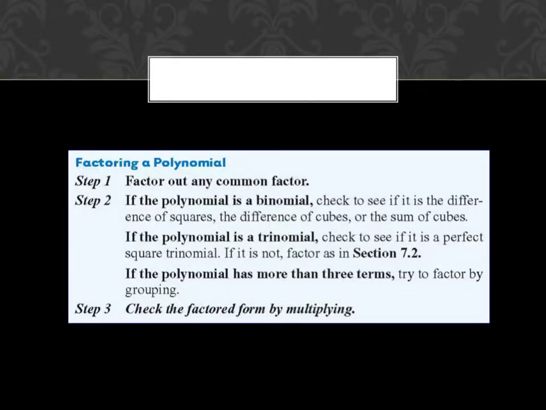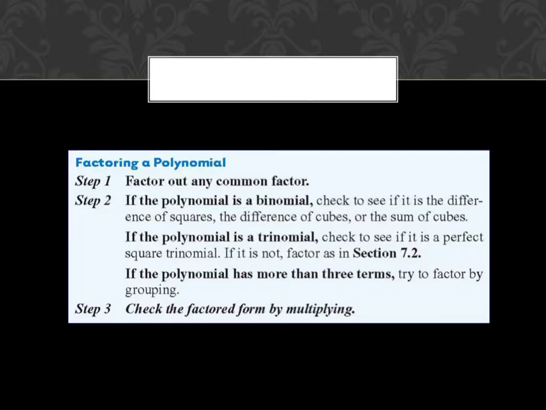General steps for factoring a polynomial is first to factor out any common factor. Then, if the polynomial is a binomial, meaning it has two terms, check to see if it's a difference of squares, the difference of cubes, or the sum of cubes. If it's a trinomial, meaning it has three terms, check to see if it's a perfect square trinomial.